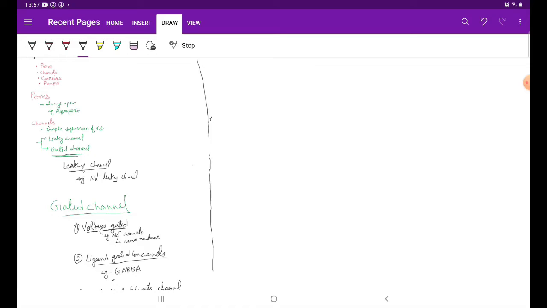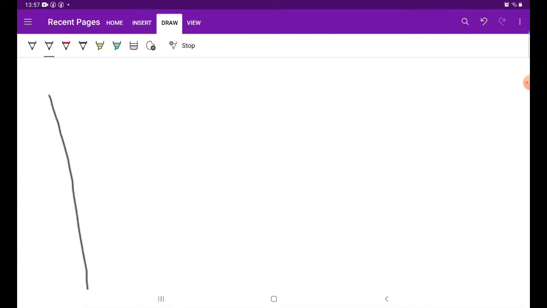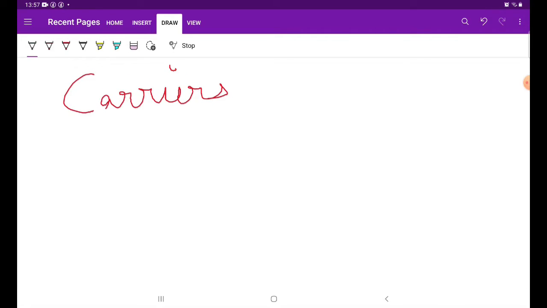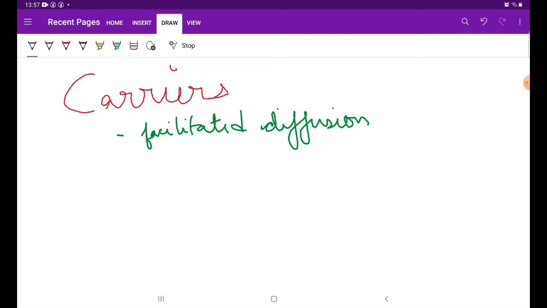Now let us discuss carriers. Basically, carriers are the proteins which are involved in facilitated diffusion, and most of the time those are uniport in nature.